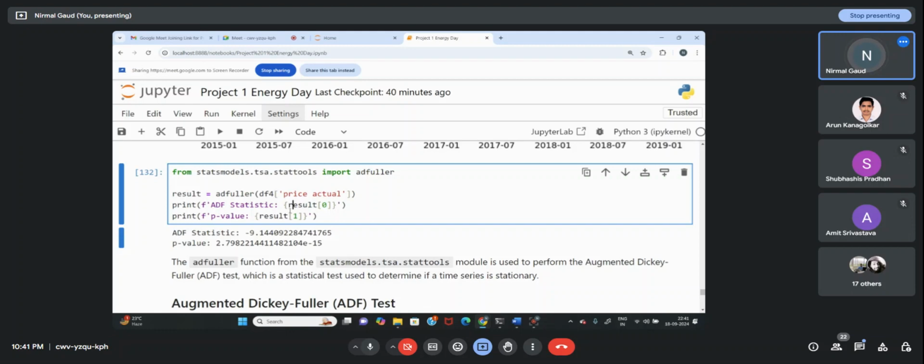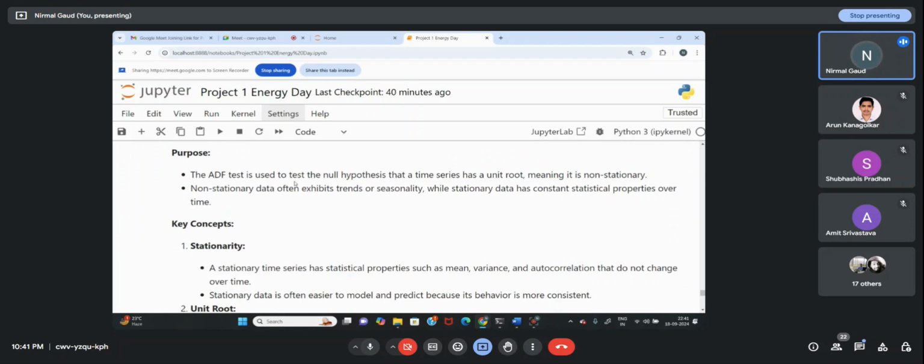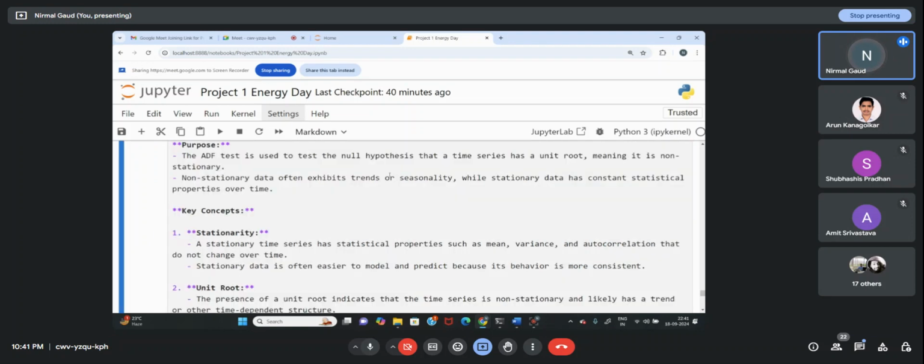A hypothesis is a statement which we apply over the entire population of data from a sample of data. So the ADF test is used to test the null hypothesis. A null hypothesis is a statement which you give.